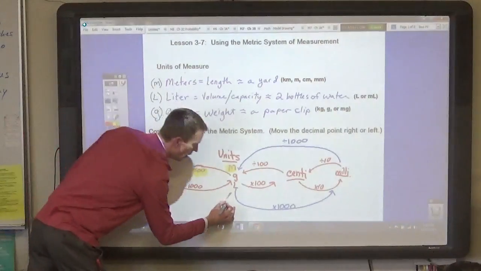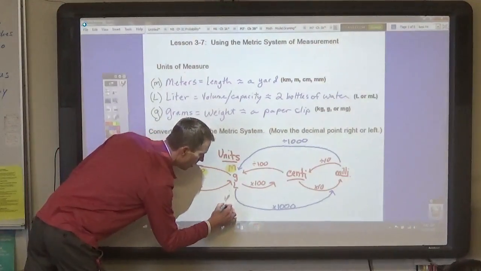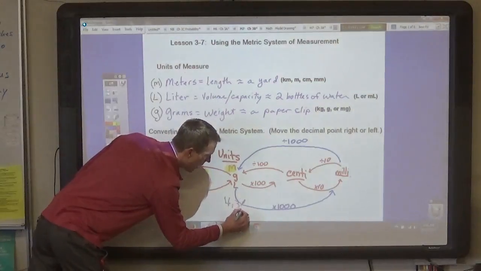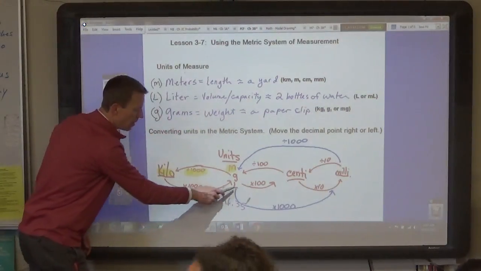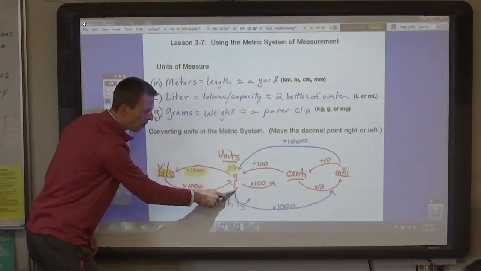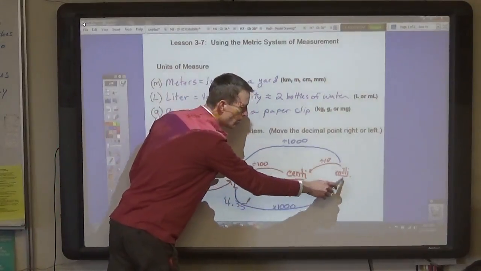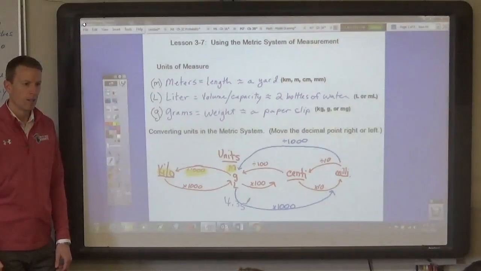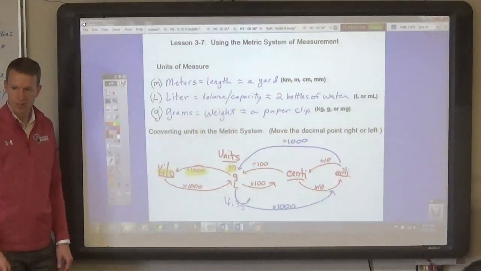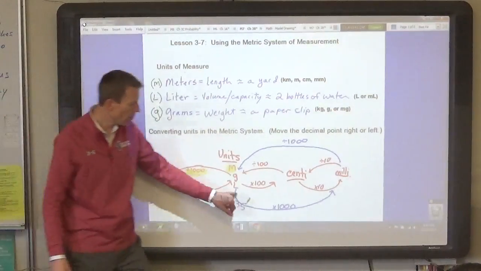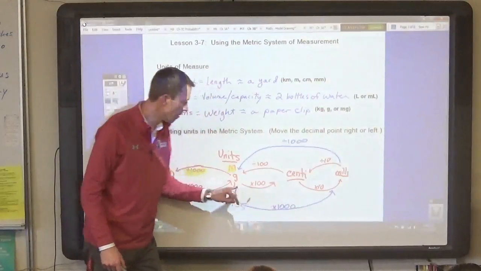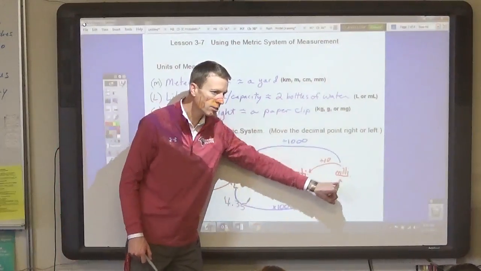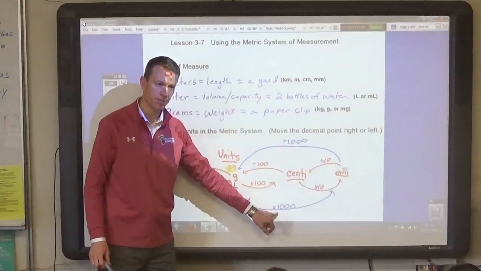Then it asks, how many milliliters is that? So, if we started with 4.35 liters and you convert that to milliliters, what would you do? Follow that arrow. Times it by 1,000, just like it says. From liters to milliliters, times it by 1,000.